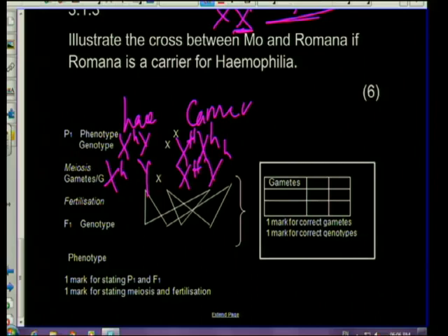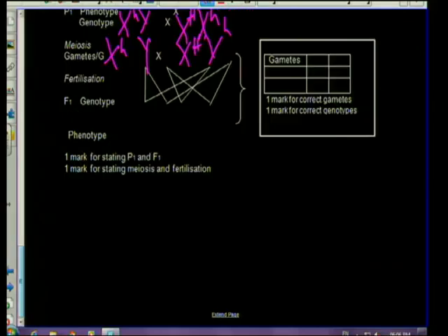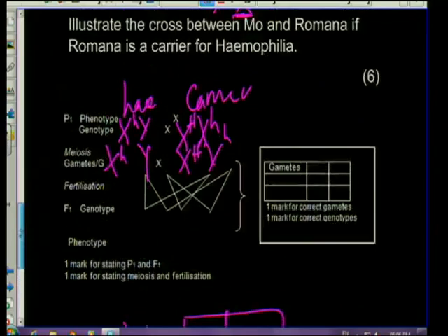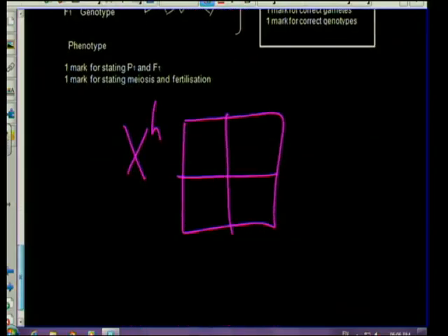And if we combine them, let's draw a Punnett square for that one. We have X small h, Y, X capital H, X small h.